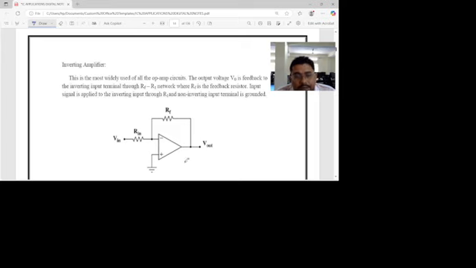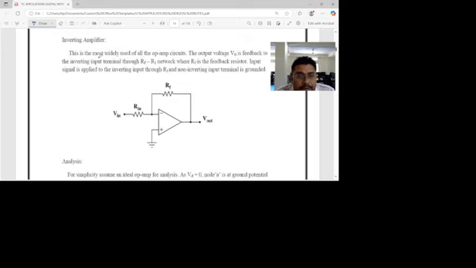First is the inverting amplifier. This is the most widely used of all op-amp circuits. The output voltage V0 is fed back to the input terminal. In the diagram shown here, the input is provided to the negative terminal, as we have already discussed.